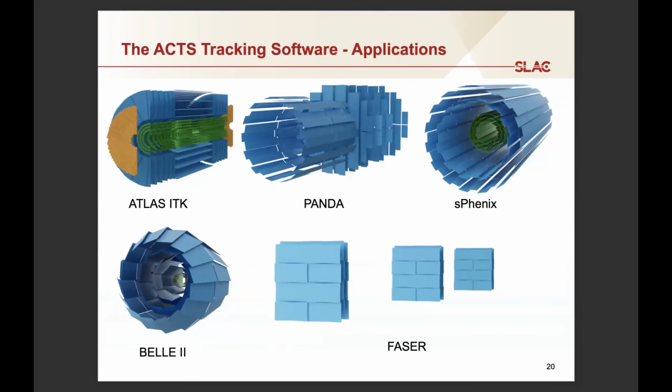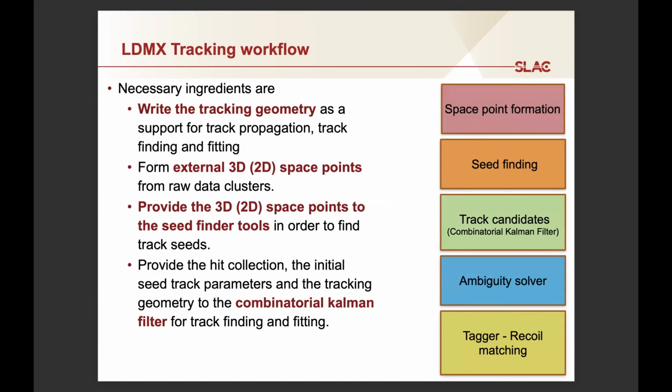ACTS already has a few applications. One is ATLAS ITk, and then it's extended to PANDA, sPHENIX, and Belle II, as well as Phaser, which is basically a competitor. So the LDMX tracking workflow is very similar by conception to ATLAS's way of thinking.